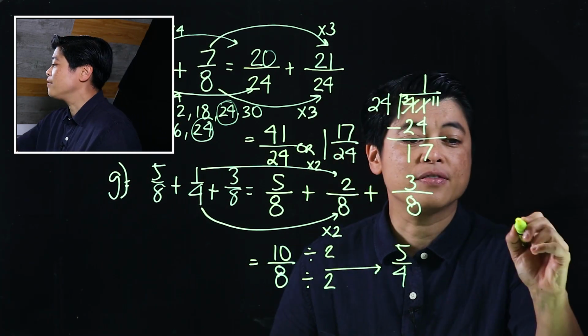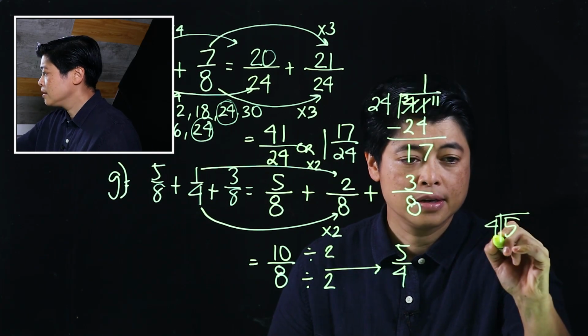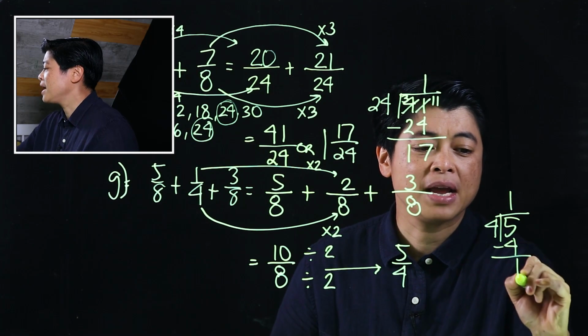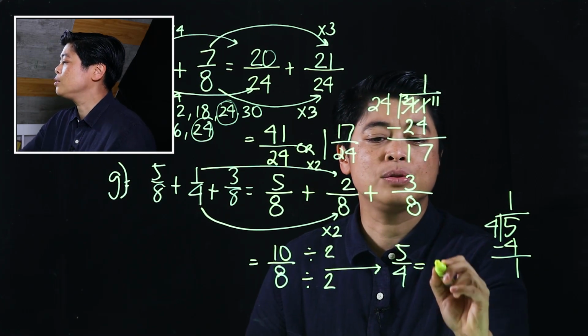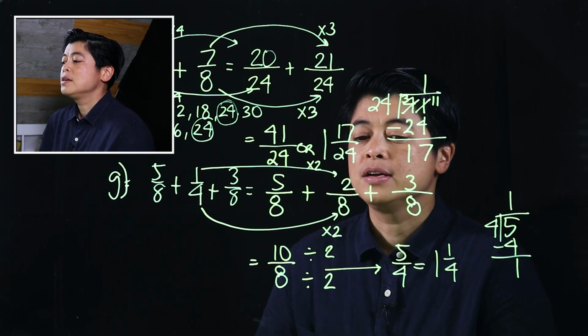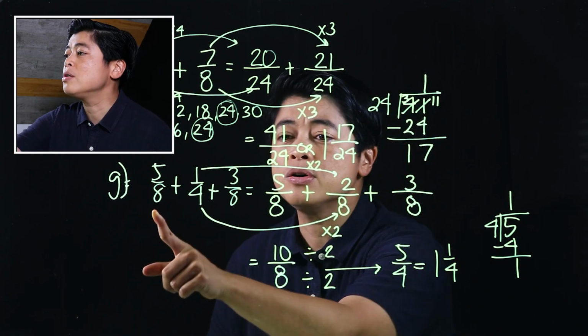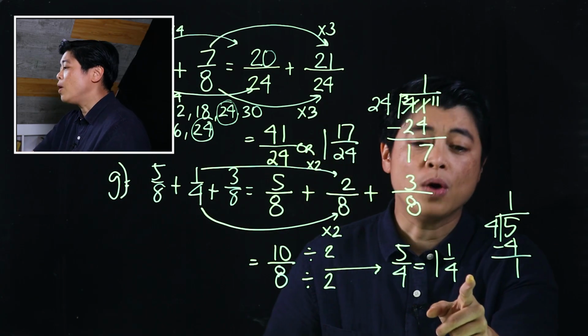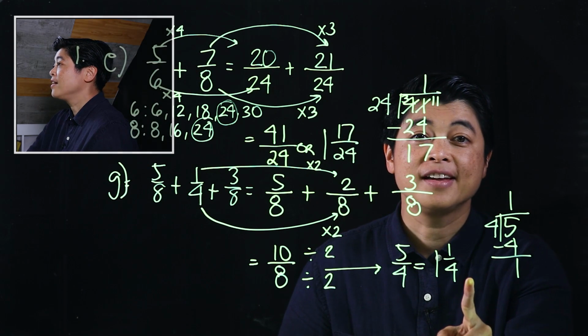Then divide, subtract, remainder 1, is equal to 1 and 1/4. So when we add those three together, our final answer should be 1 and 1/4.